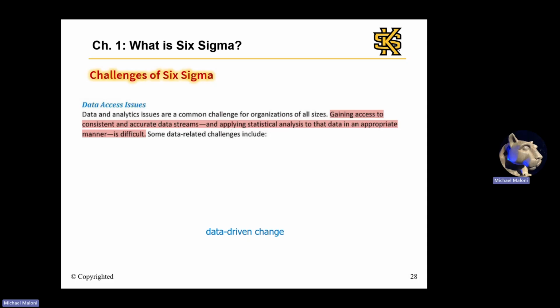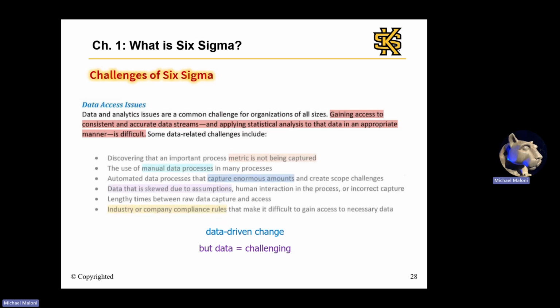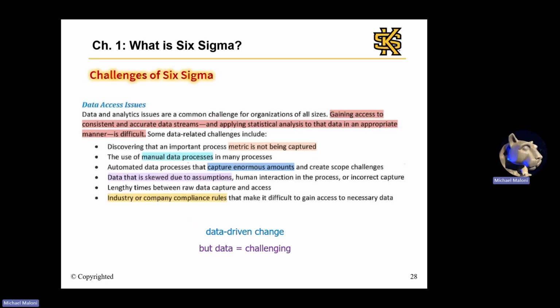However, access to accurate data and then properly applying statistical analyses can be difficult, particularly if, say, a process metric is not being captured, or data has to be captured manually, or automated data capture brings in too much information, so it's information overload, or data that is skewed due to assumptions or incorrect capture, or maybe industry or company rules make it difficult to access the data.